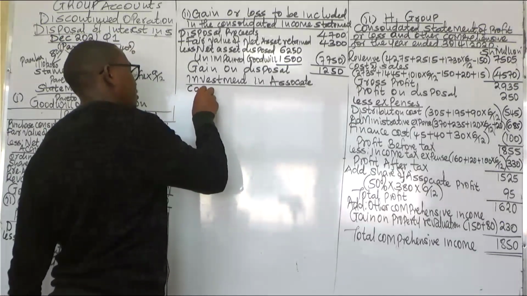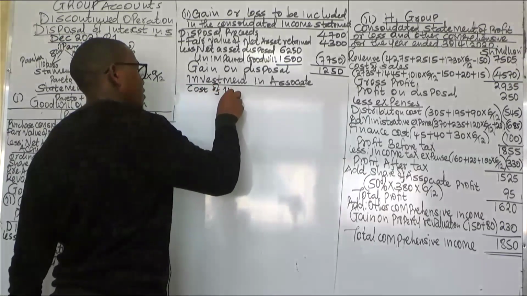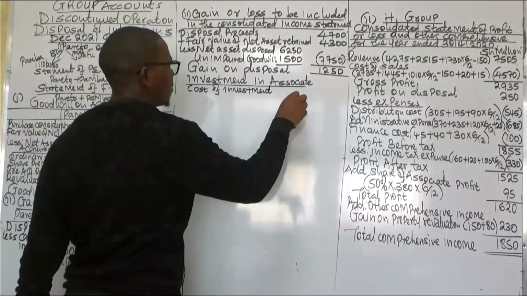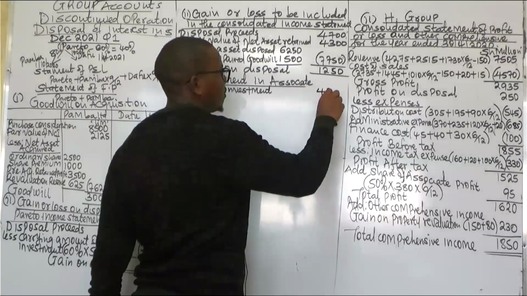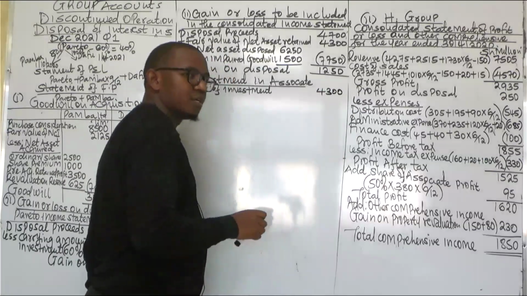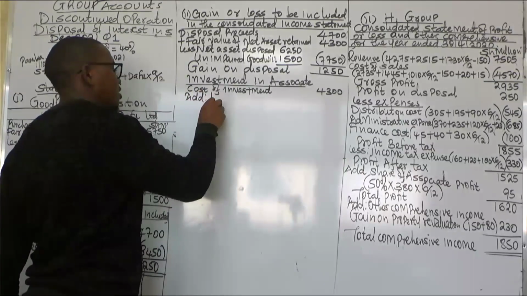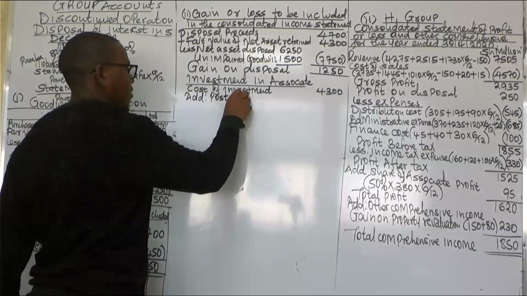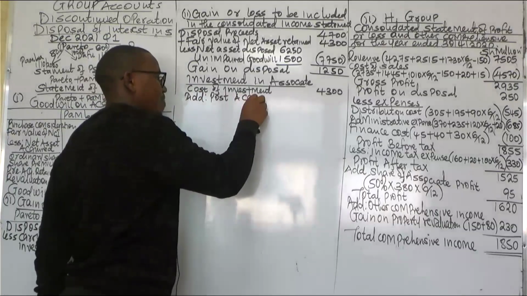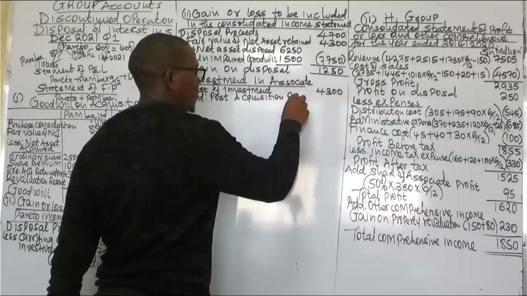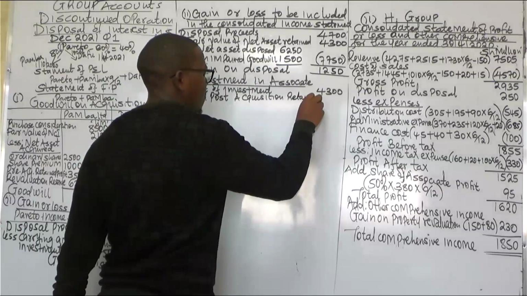It will be the cost of the investment, which is now what was retained. They retained it at 4,300. I will only add the post-acquisition retained profits.